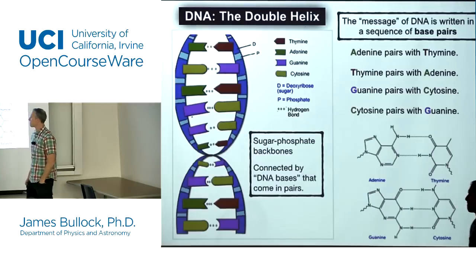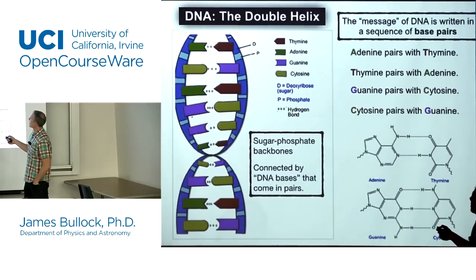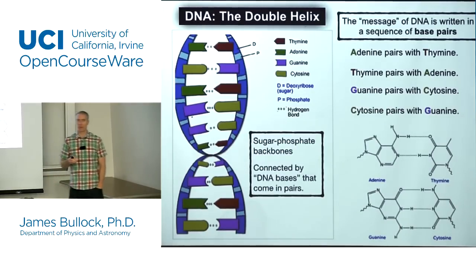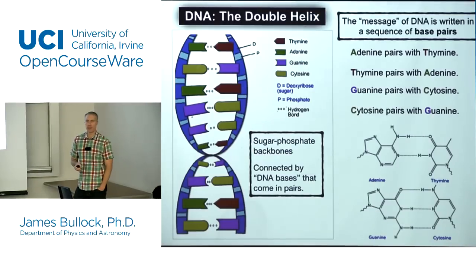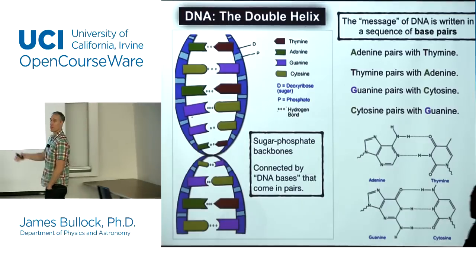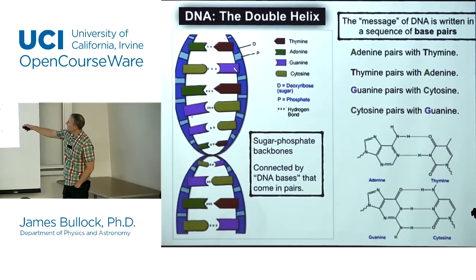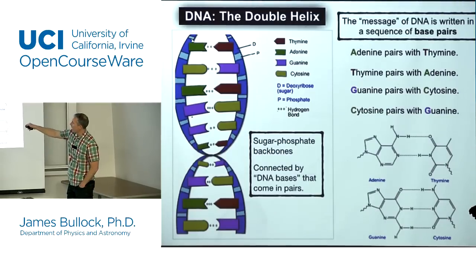So the way it works is, admittedly, complicated, but it's doing a pretty complicated thing. You might argue that it's incredibly simple given how complicated the result is. So the DNA is this double helix, and there's this backbone here colored in blue. And it has these DNA bases that connect the ladder, right?